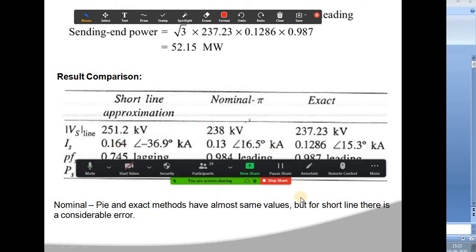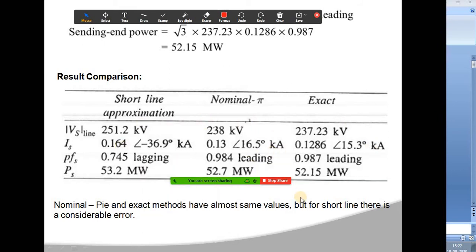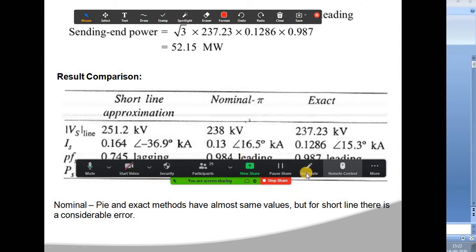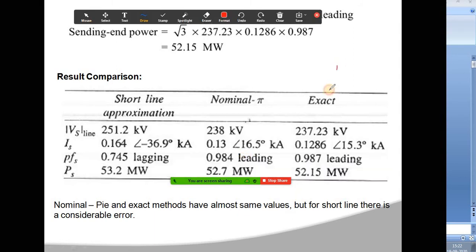Now if you observe these results, the exact solution and the nominal pi method are almost near to each other.